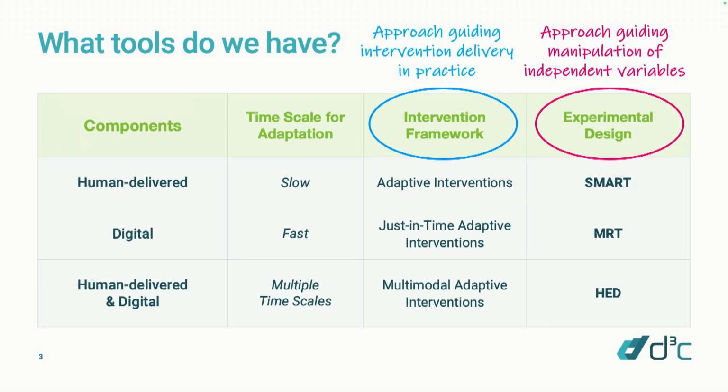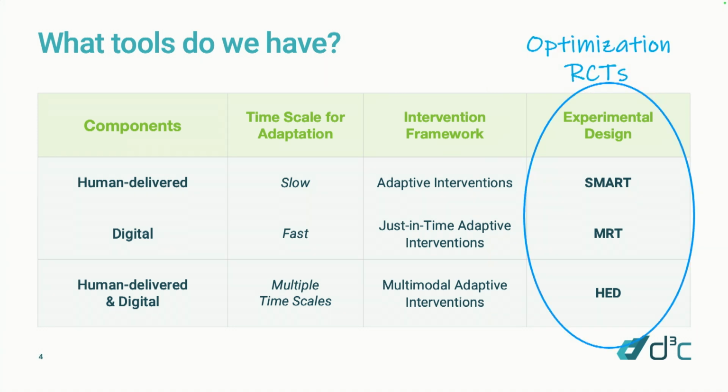These are not experimental designs. All of these are guides for how we should adapt interventions, okay? These are experimental designs, the SMART, MRTs, hybrid designs. They have randomizations because we want to answer scientific questions about how to best construct different types of adaptive interventions.